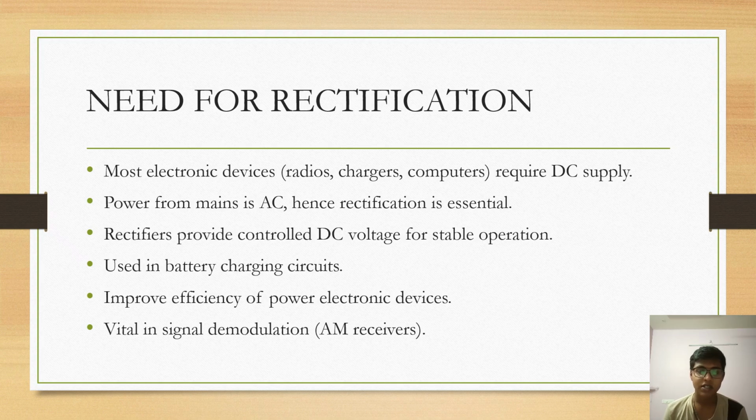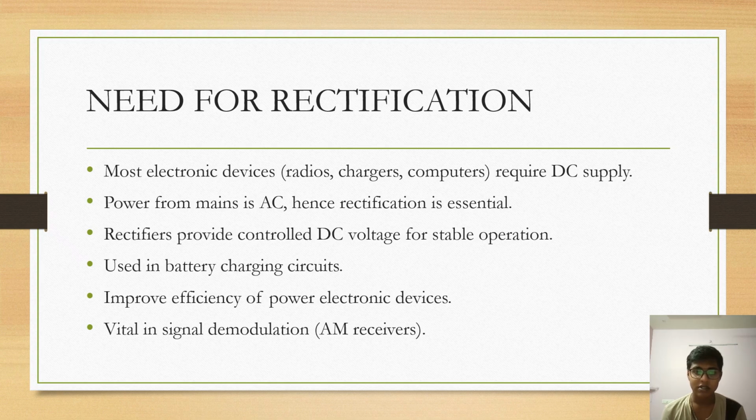Need for rectification. Most electronic devices, radios, chargers, and computers require a DC supply. Power from the mains is AC. Hence rectification is essential. Rectifiers provide controlled DC voltage for stable operation.